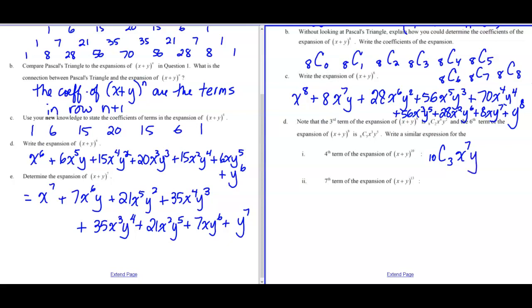For y, fourth term would be same as that. It's going to be cubed because it's going to be y to the 0, y to the 1, 2, 3. Then you can actually calculate the value of that. 10C3 is 10 times 9 times 8 over 3 times 2. So that goes in 4, that goes in 3, so 120.